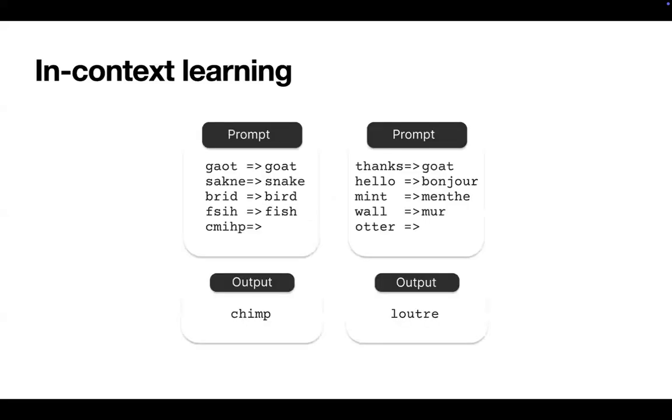Okay, so one thing about this in-context learning is that in those two examples, the in-context demonstrations in the prompt contain task examples from only one task. On the left side, the demonstrations are from the fixing typos task, and on the right side, they are from the translating English to French task.